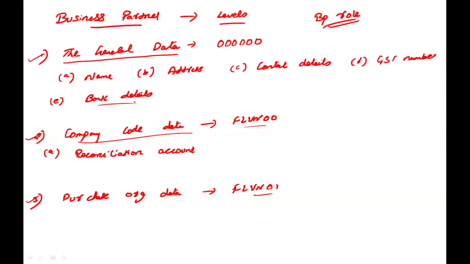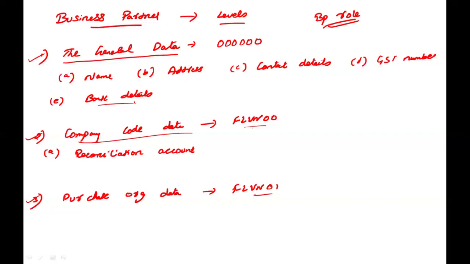This is a finance terminology. Finance is going to have one account dedicatedly created for all the vendors, not only for a single vendor, telling from which account they need to pay the vendor. For example, in the perspective of material master, we said we have different types of materials: raw material, semi-finished material, finished material.